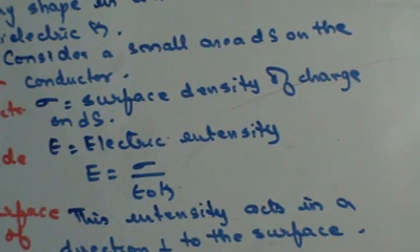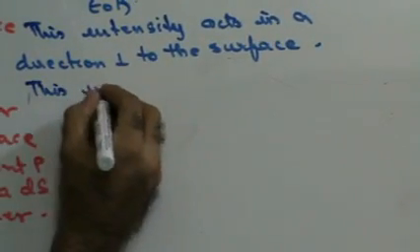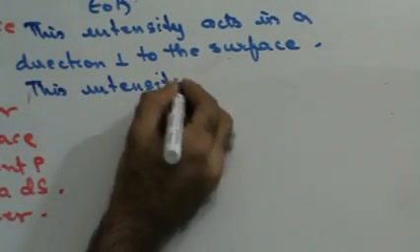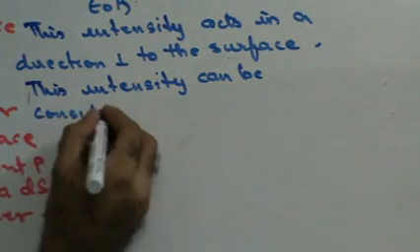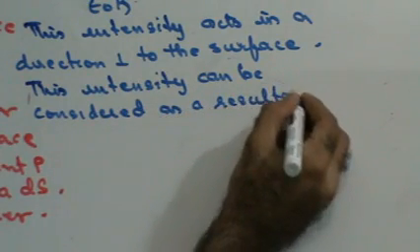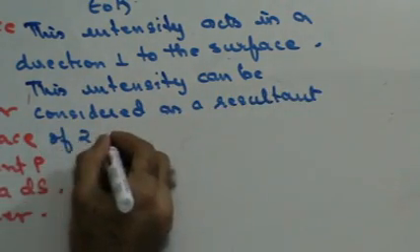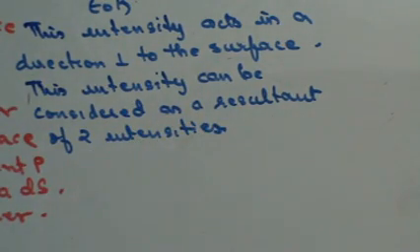Right? Now, this intensity can be considered as a resultant of two intensities. Now, what are the two intensities? One, the intensity E1 due to the charge on area ds.